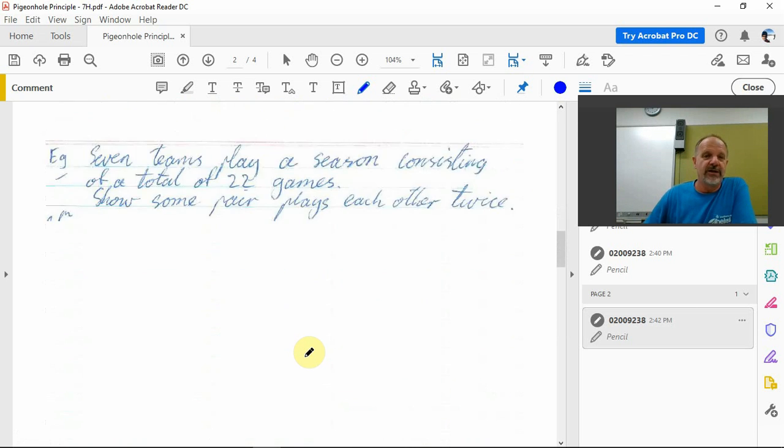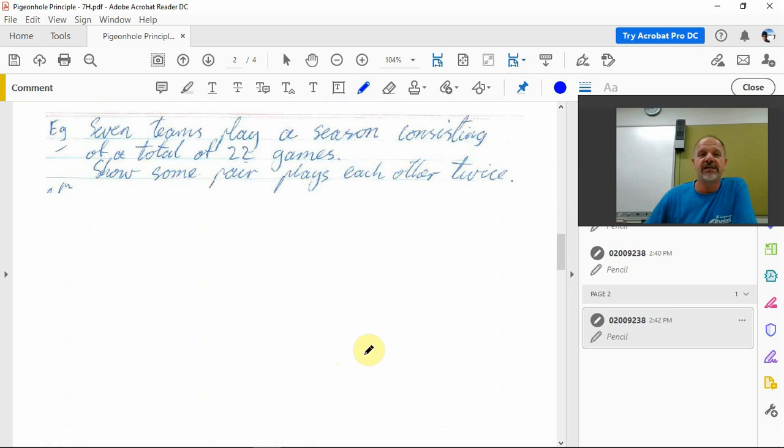Here we go. So here we've got 7 teams playing a season consisting of 22 games. Show that some pair plays each other twice. All right, so what do we got? We've got 7 teams. For a game, what do you need? 2 teams.